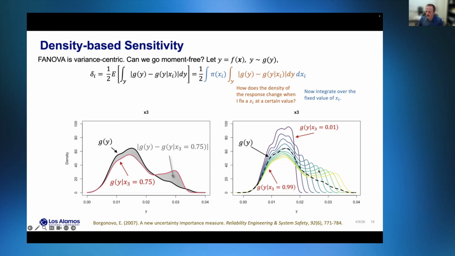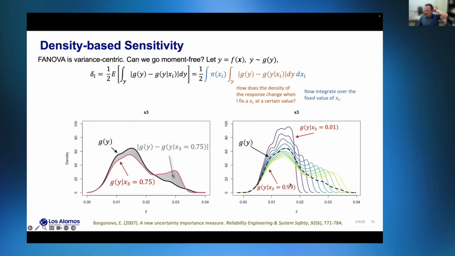That's one of these curves right here. If I fix it at 0.01, this is what the density g of y looks like. If I fix it at 0.99, this is what the density g of y looks like. And all of these values in between are the values of x3 between 0.01 and 0.99.